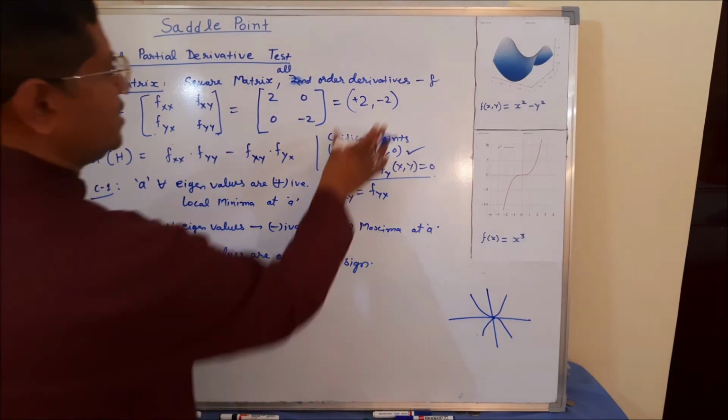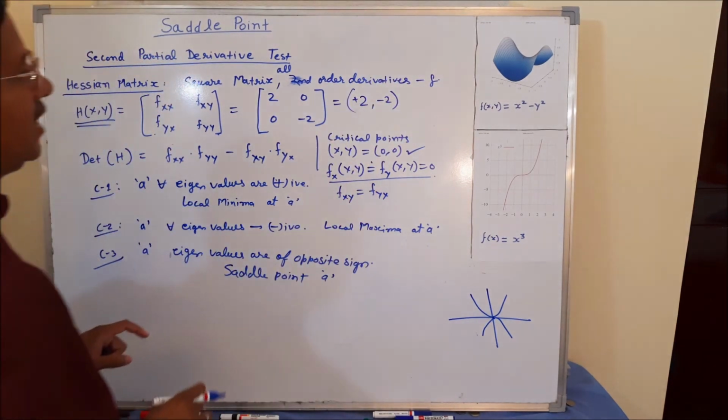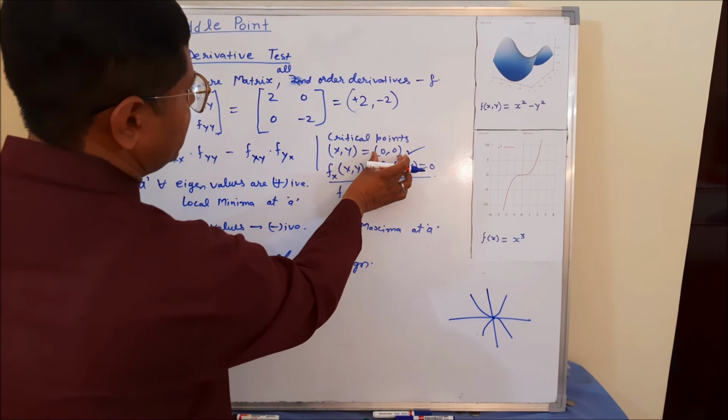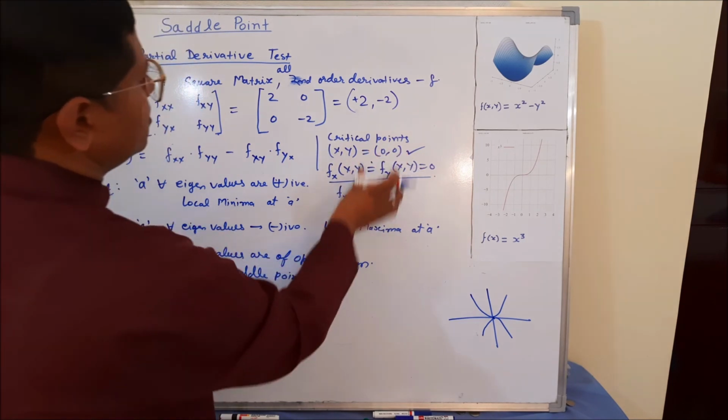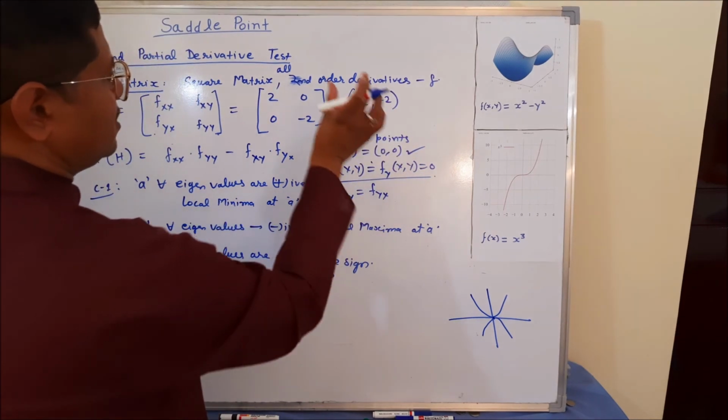So definitely this means there will be a saddle point, and we have identified the critical point as 0, 0. So at this point we will have a saddle point.